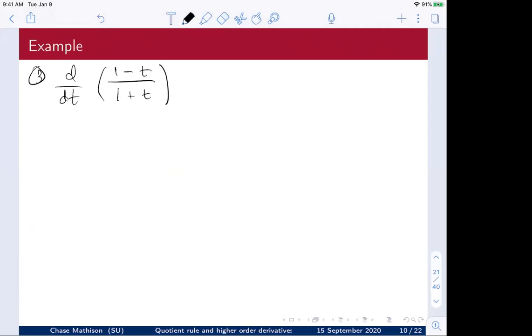What rule do I need to use here when I'm differentiating 1 minus t divided by 1 plus t? Quotient rule, right? So quotient rule, I have a high of 1 minus t and a low of 1 plus t. Okay, so quotient rule says that this is equal to what?